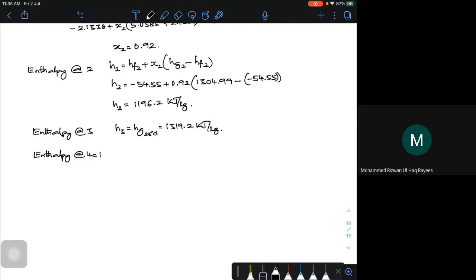That is H4 is equal to H1, is equal to Hf at 25 degrees Celsius, which is equal to 100.04 kilojoules per kg. Now I got all the enthalpies H1, H2, H3, H4. Now easily I can find COP.